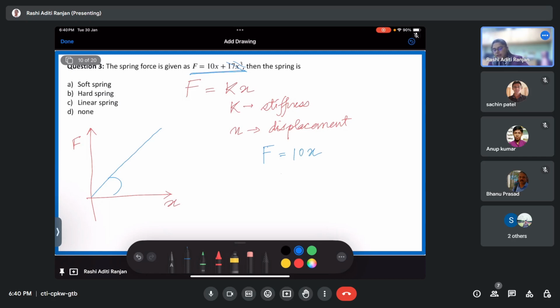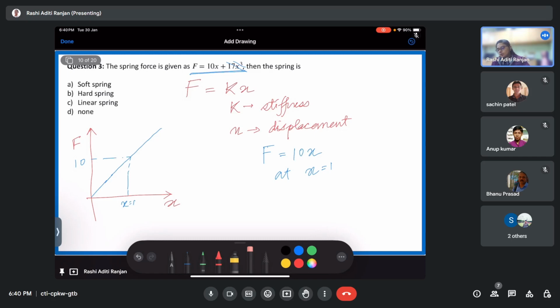For example, let us say this is x equals 1; for this linear behavior, the value I'll get would be 10, correct? But now there are two deviations from this linear spring, which are named hard springs and soft springs.